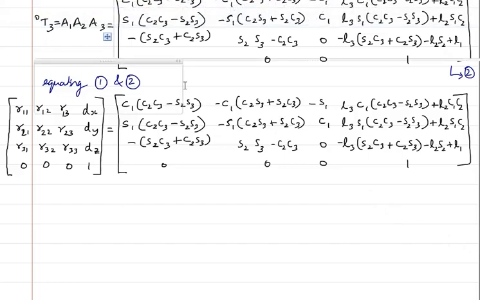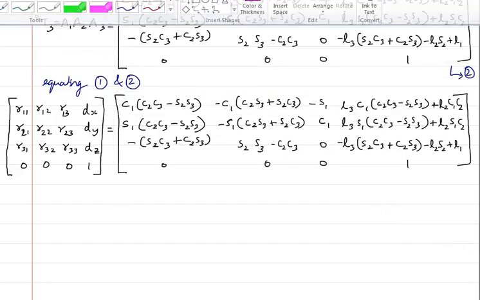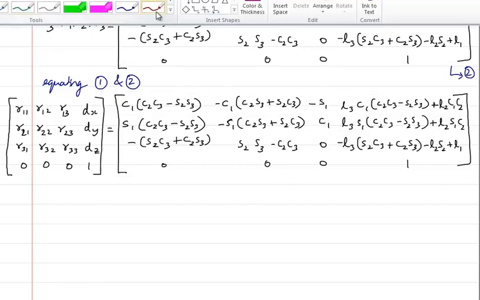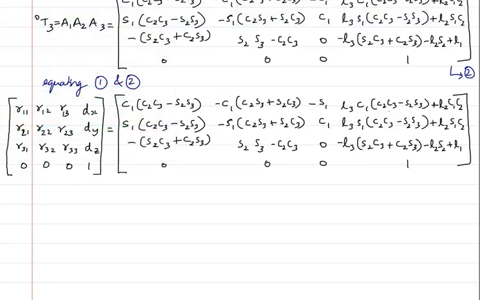If you see here, I will draw it for ease. From these two I will get theta 1. Once theta 1 is obtained, next we have to go for finding theta 2.